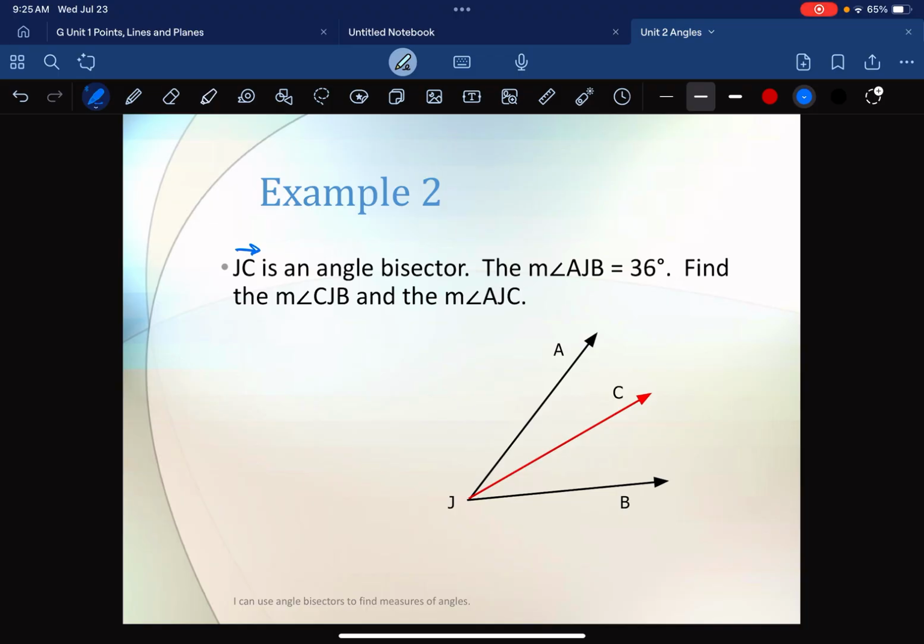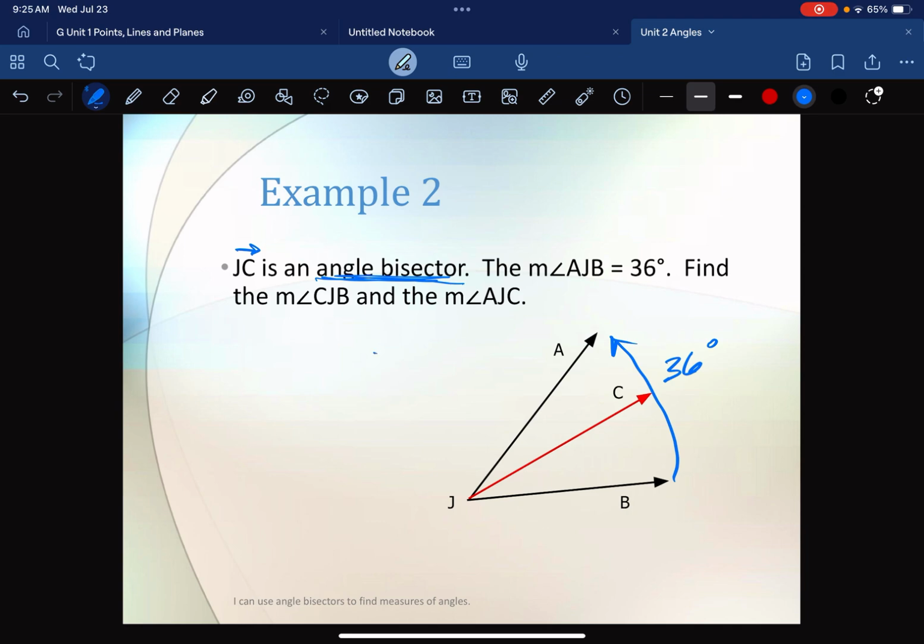And hopefully you paused the video and did this problem. And so what I've got here is this large angle this time is 36 degrees. So the large black angle is 36. JC is an angle bisector. That information tells me that it creates two smaller congruent angles. So they're going to share 36 equally.